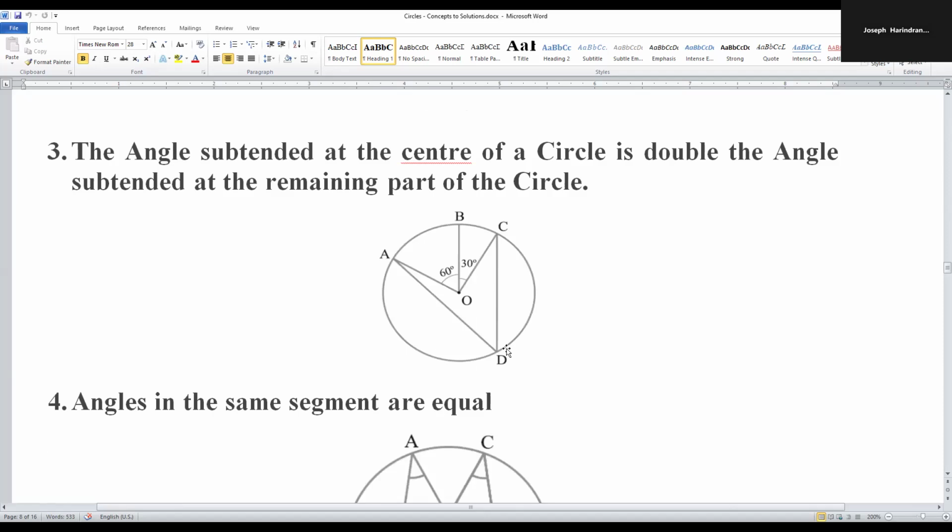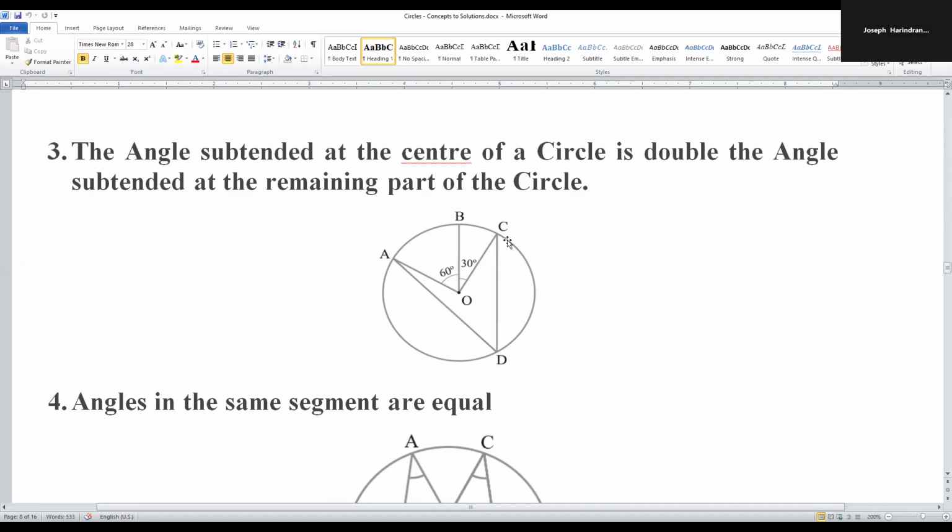The angle subtended at the center of a circle is double the angle subtended at the remaining part of the circle. The angle subtended by an arc ABC, here you can see this.